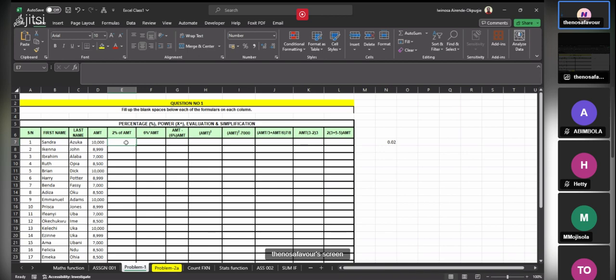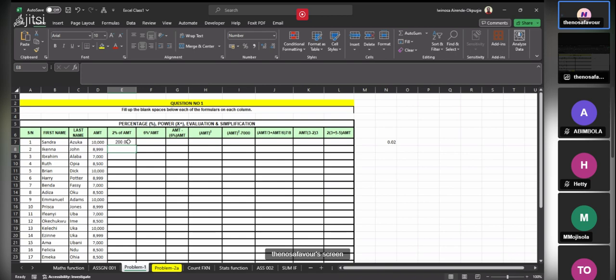Okay. Can we solve for the first column? It says we want to find out 2% of the amount. So what do we do? Okay, 2% of amount equals 2% multiplied by D7.